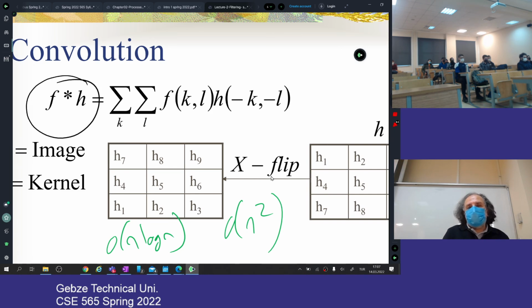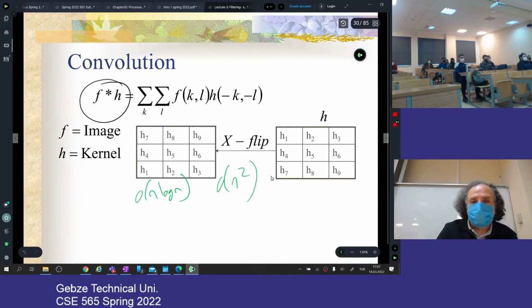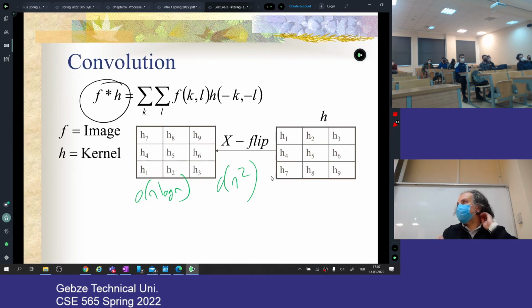For example, in the frequency space, some kernels don't behave the way we want, but the Gaussian behaves exactly the way we want. That's why we like the Gaussian, because the frequency domain representation of the Gaussian is the Gaussian itself. So it is both fast and nicely behaving. Good. Any questions?